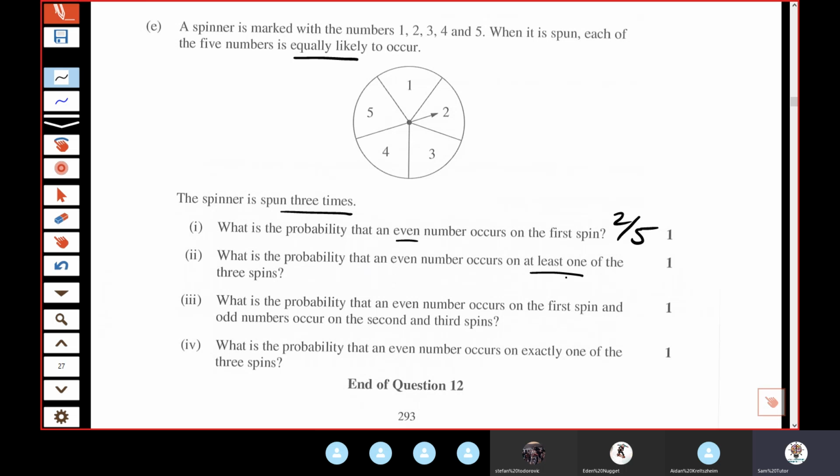For at least one even, we'll do 1 minus the probability of odd, odd, odd, which equals 1 minus, how many odds are there? 3 out of 5 times 3 out of 5 times 3 out of 5, which is cubed. 1 minus 3 out of 5 cubed.